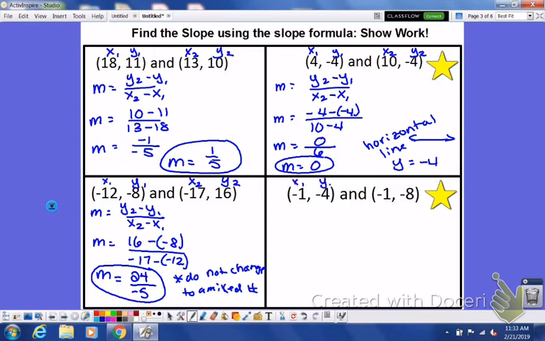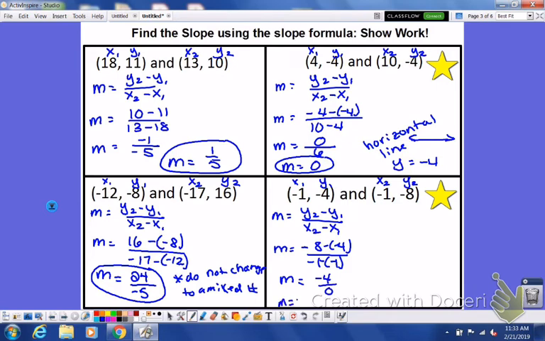Our last one. Label our x1, y1, x2, y2. m equals y2 minus y1 over x2 minus x1. Go ahead and substitute in. So -8 minus a -4 over -1 minus a -1. Simplify that out. -8 plus 4 would give us a -4 over 0.